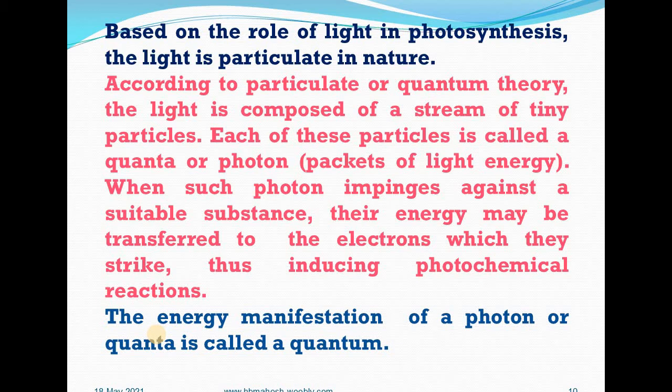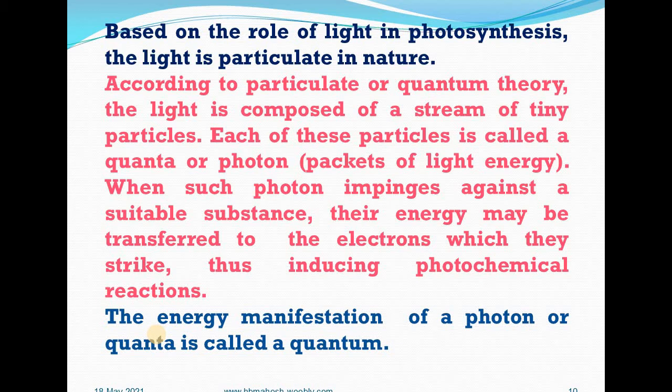So if there is a light, it is composed of a stream of tiny particles, and each particle is called a quanta or photon. Quanta or photon is nothing but the packets of light energy.